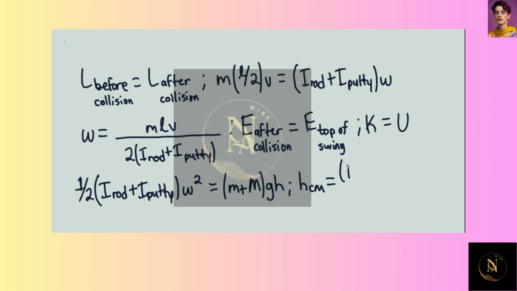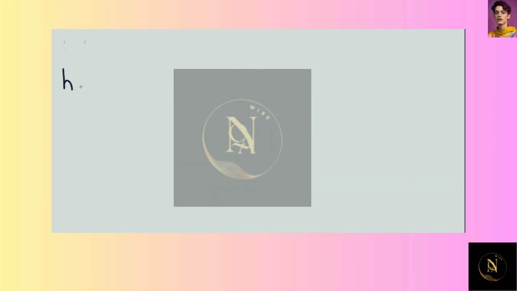The height of the center of mass would be equal to the moment of inertia for the rod plus the moment of inertia for the putty multiplied by omega squared, the angular velocity squared, divided by 2 times the sum of the masses times the acceleration due to gravity. And we can now substitute.